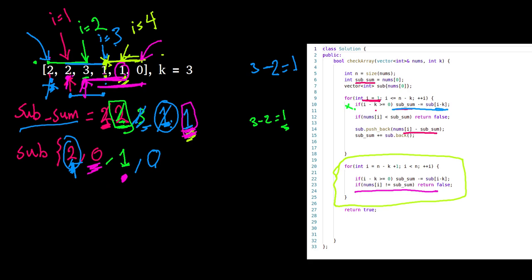That means from the total sum we need to subtract 1. 1 minus 1 equals 0. Now is 0 equal 0? Yes, that's it. We are done. In this case we return true.